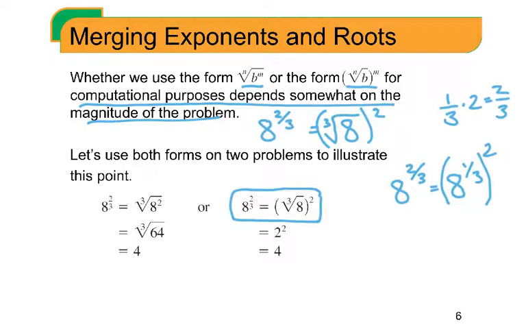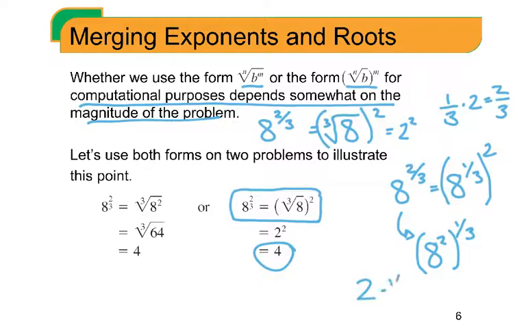So this is easier for me to do because now I know that in the parentheses, that's 2 squared, which gives me 4. However, you could have written it the other way because this is also equal to 8 squared to the 1/3 power because 2 times 1/3 is 2/3, right? So if we did it that way, we would be looking at the cube root of 64, which I happen to know is 4, but you might have to use your calculator for that.